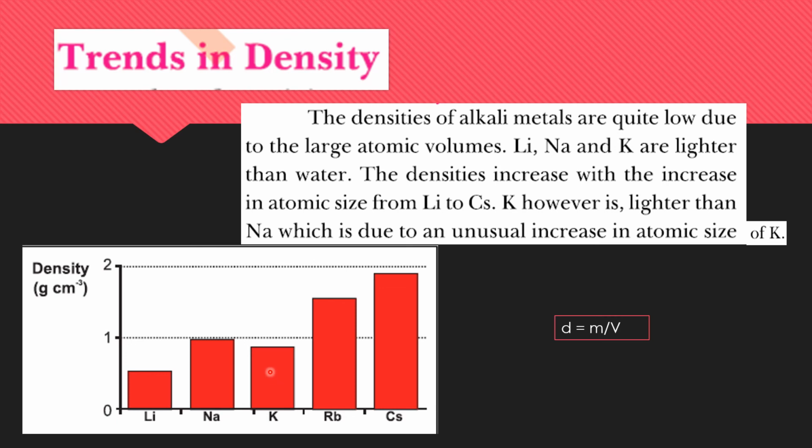Due to the presence of these d orbitals, the volume of potassium increases much more compared to sodium, and for this reason potassium has less density than sodium. And after that the behavior is the same again, increasing down the group as the mass increases.